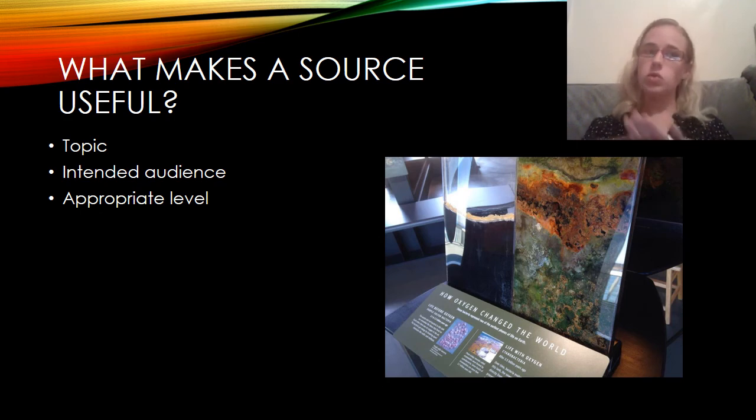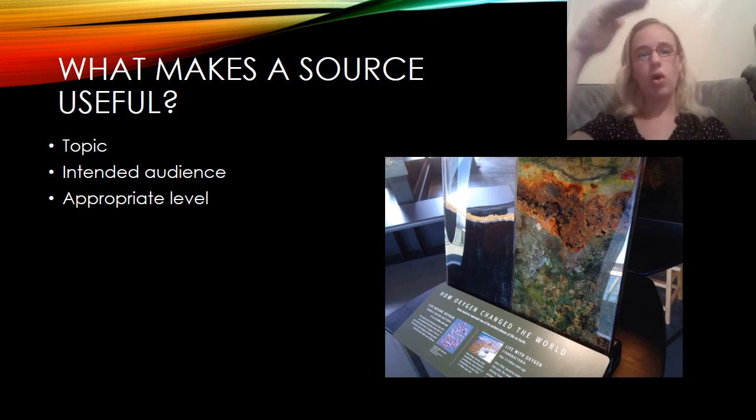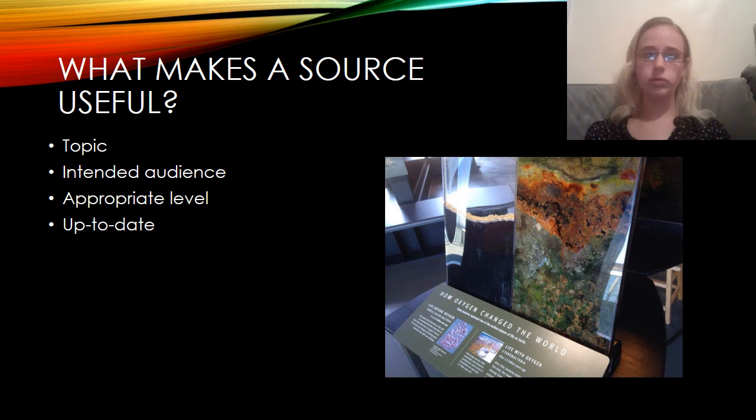Sometimes sources which are intended for the general public may be useful, but it'll depend on your topic. Be wary of picking sources which are aimed too high or too low, because even if they're very reliable, they're not going to be very useful.